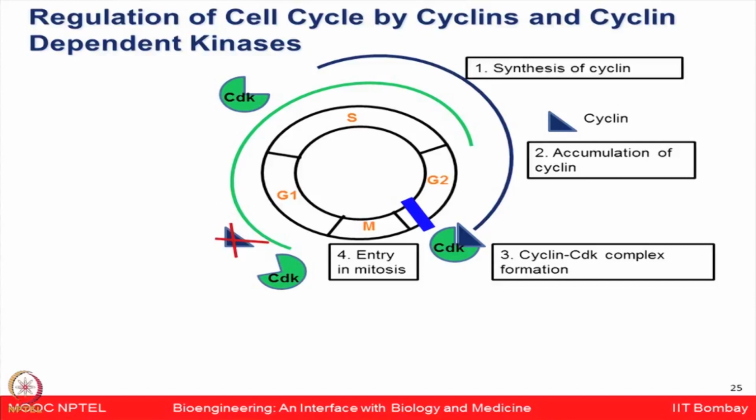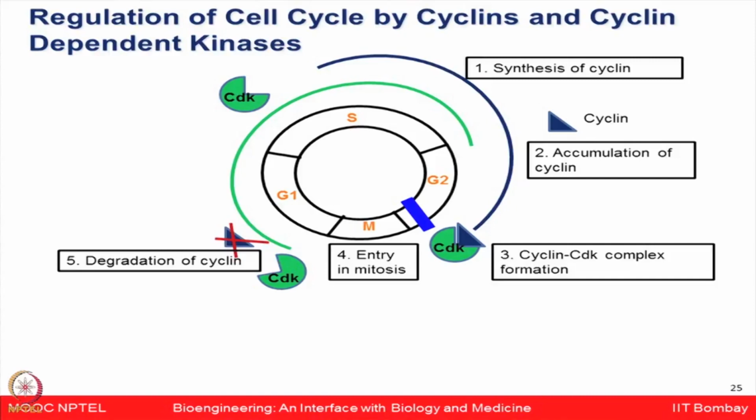Once the mitosis is finished, the cyclins get degraded and the complex dissociates. The CDK separates and the cyclins are degraded. So, this ensures that the mitotic process has finished. In this way, just by using these proteins, the cell ensures that the cell cycle is governed properly.